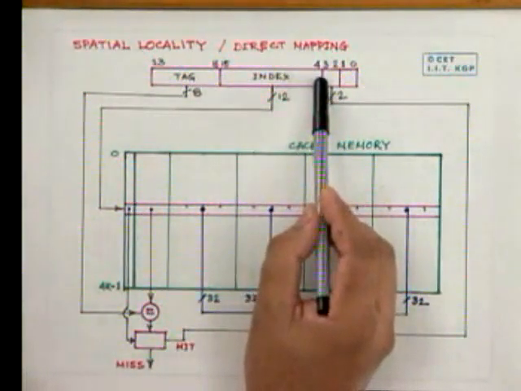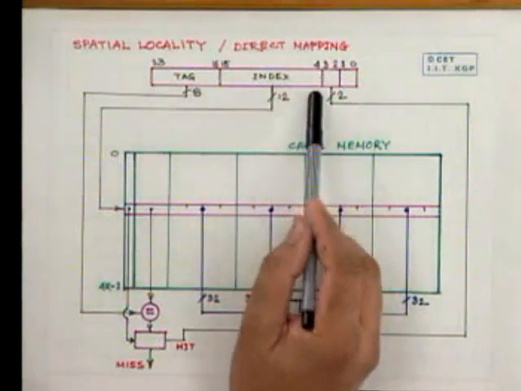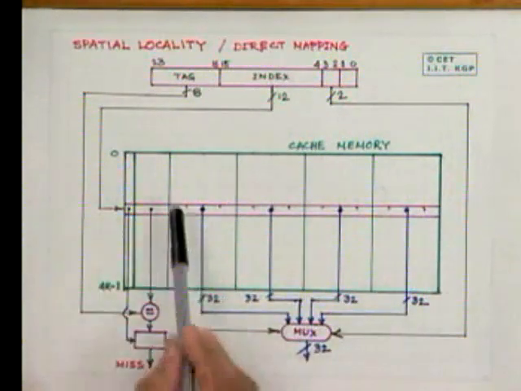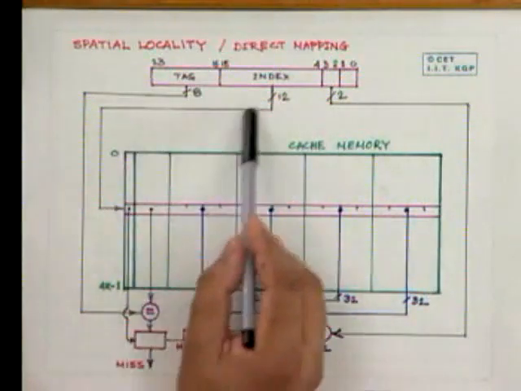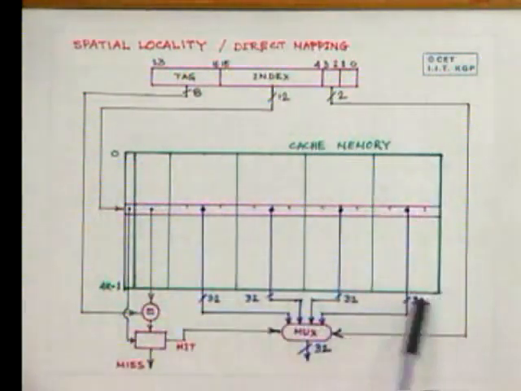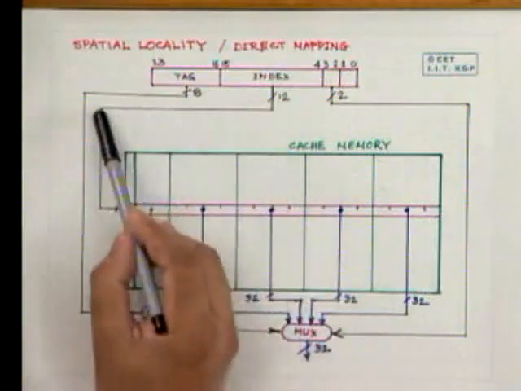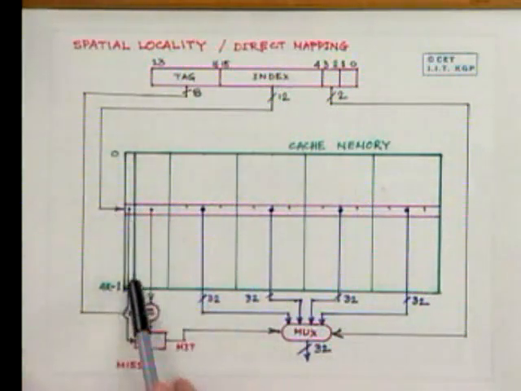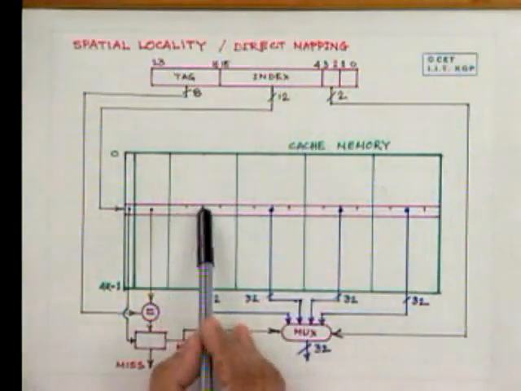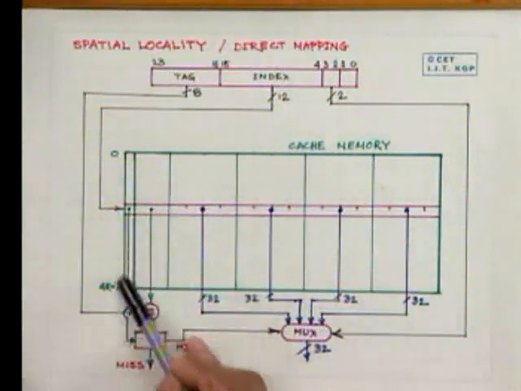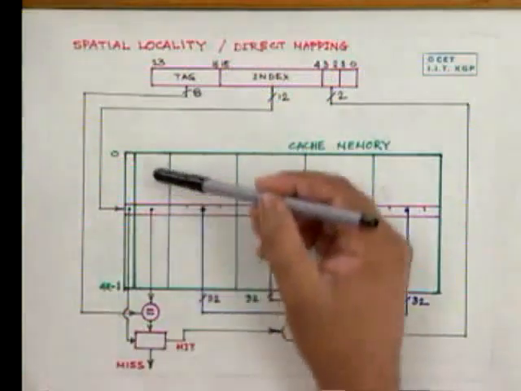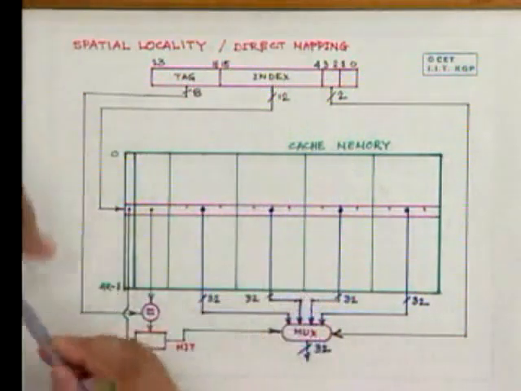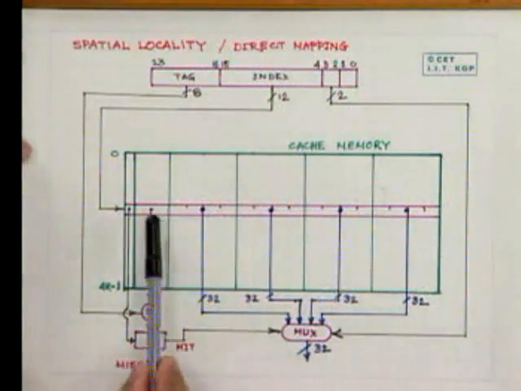Now, therefore, the index here is 12 bits, and that 12-bit address selects a line in the cache memory, which is of size 4K of 4 blocks. Here also we have kept a valid bit, and this is the tag.